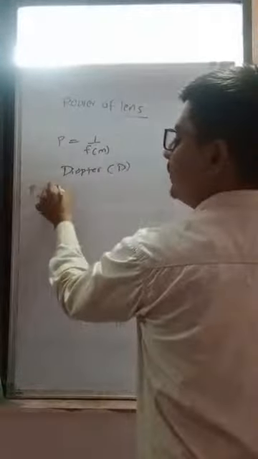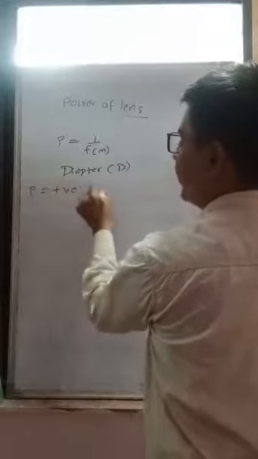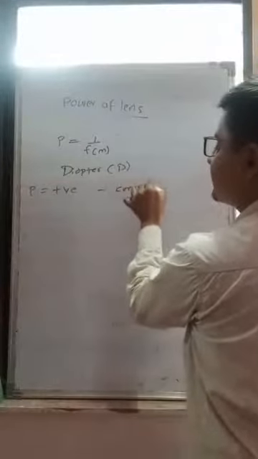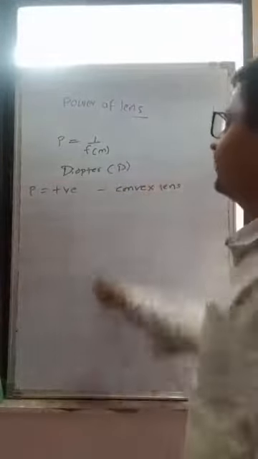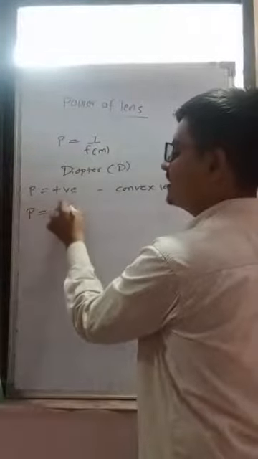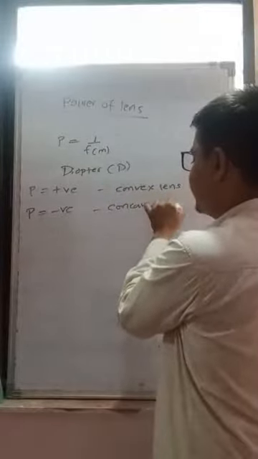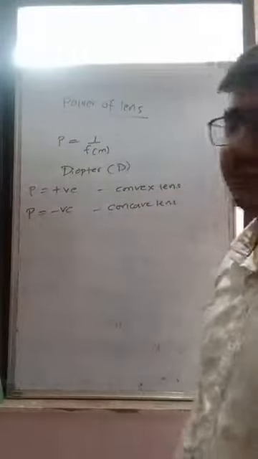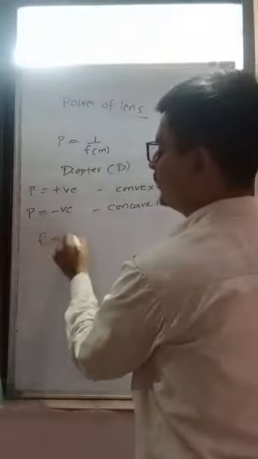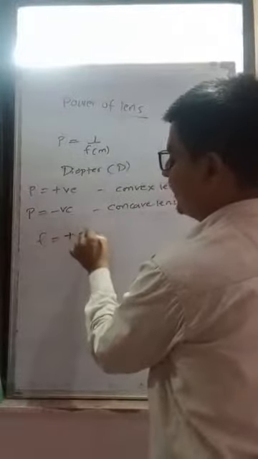Obviously P will be positive in the case of a convex lens, because ultimately the focal length is positive, and in the case of a concave lens it is negative because its focal length is negative. Suppose I give an example. The focal length of a convex lens is plus 20 centimeter.